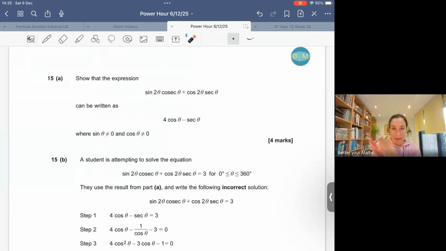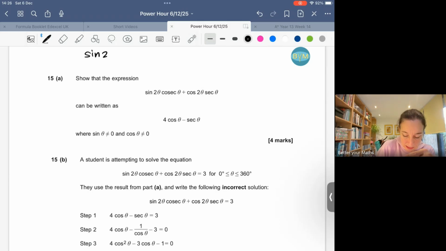So again, most of you, hopefully at this stage, will have seen the addition formulae and the double angle formulae. If you haven't, you have formulae that change sine 2 theta or cos 2 theta into just theta. I'm going to remind you. If you don't have them there, you have sine 2 theta is 2 sine theta cos theta.